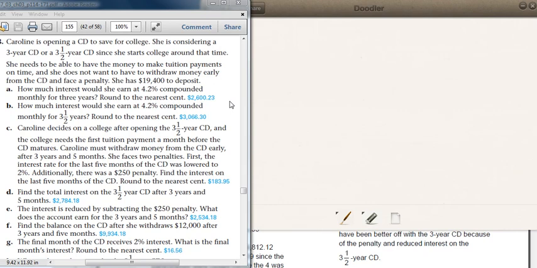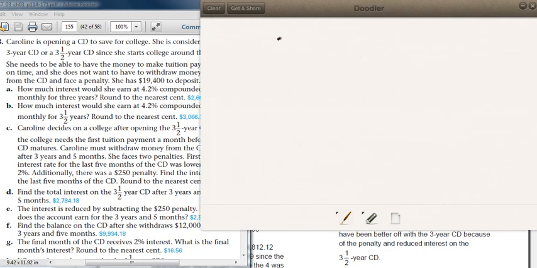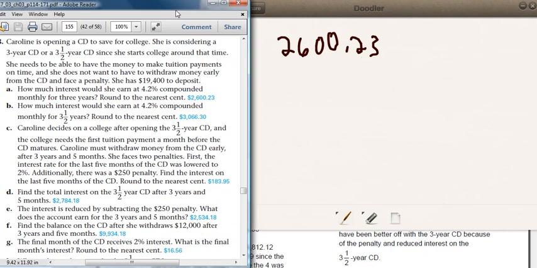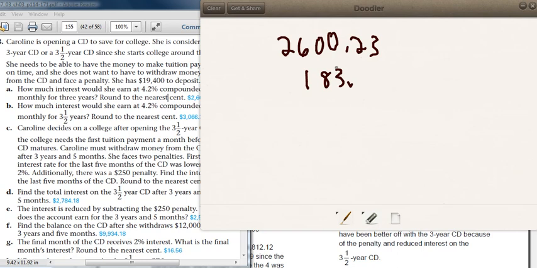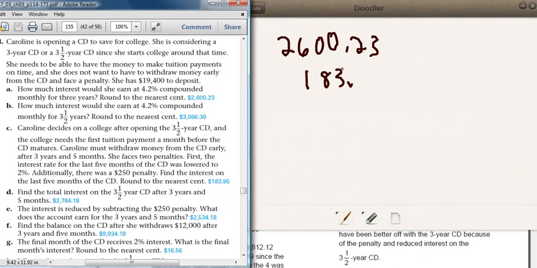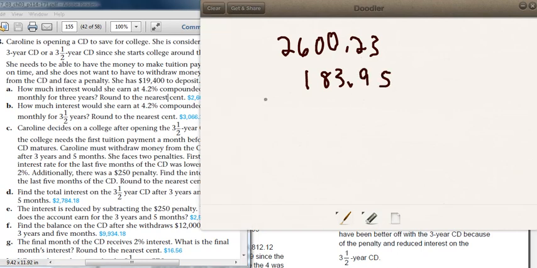So you're just going to add 2,623, which was the interest for the first 3 years, and for the last 5 months it was 183.95, and you just add those amounts, and that's going to give you the total interest for 3 years and 5 months, which happened to be 2,807.18.